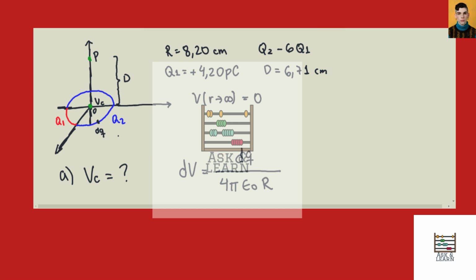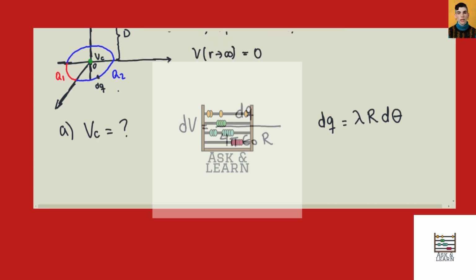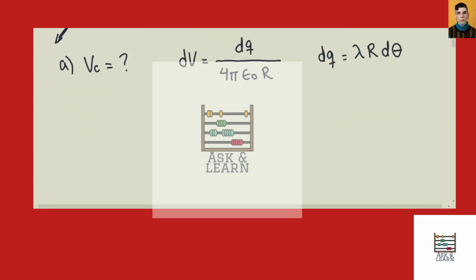Having that, we can define this differential dq as the linear density times the radius times the differential in angle. With that in mind, we can simply take the integral of this differential in charge.